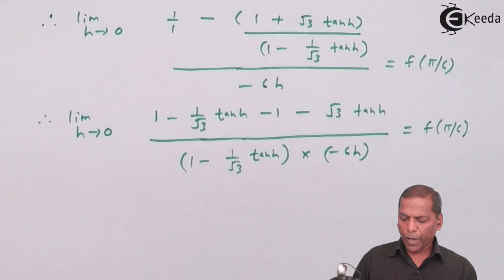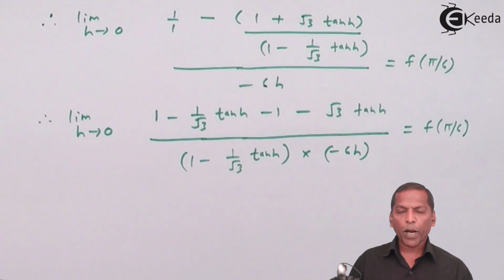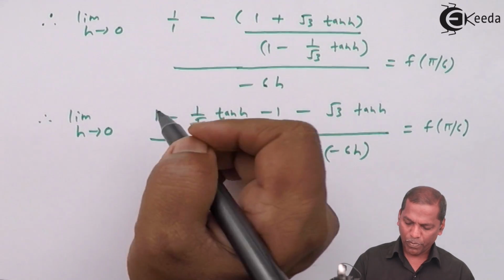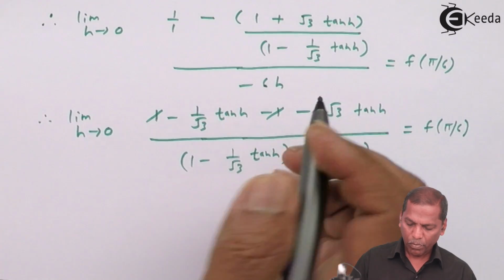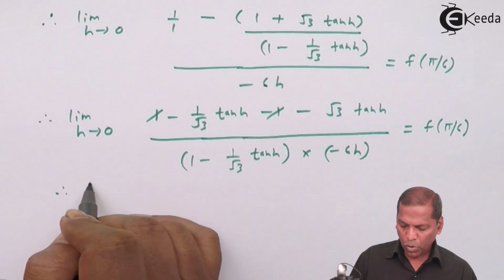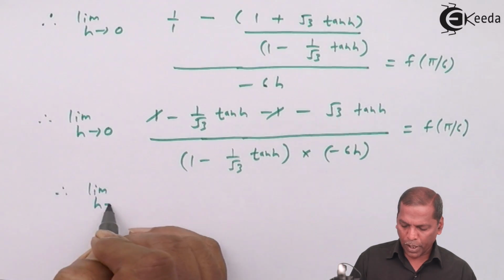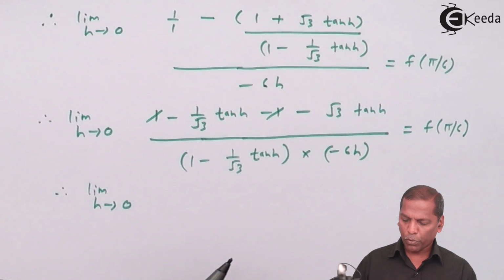Now here we cancel plus 1 and minus 1 in the numerator. So the next step will be limit h tends to 0.